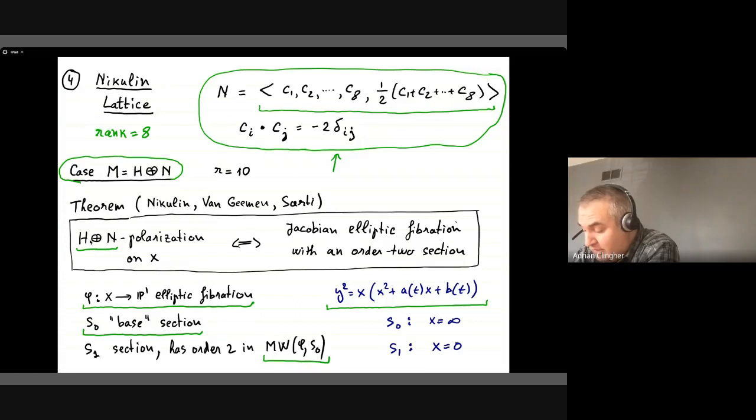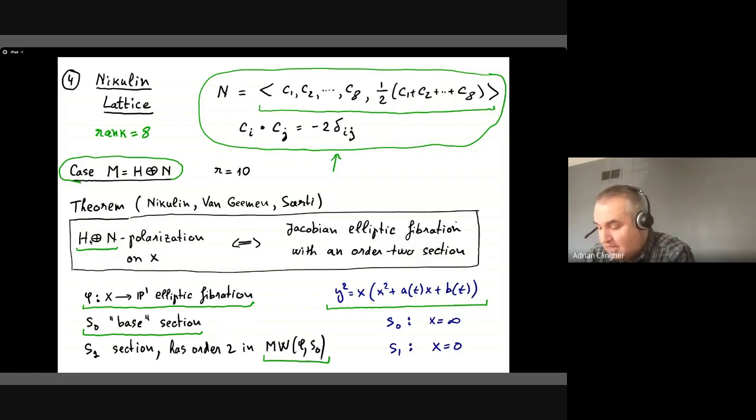And here you can see that you don't have just one standard section at infinity, you also have a second section at 0. So this kind of elliptic fibration, a Jacobian elliptic fibration with a section of order 2, can be understood quite nicely via this model, as we will talk about in a moment.